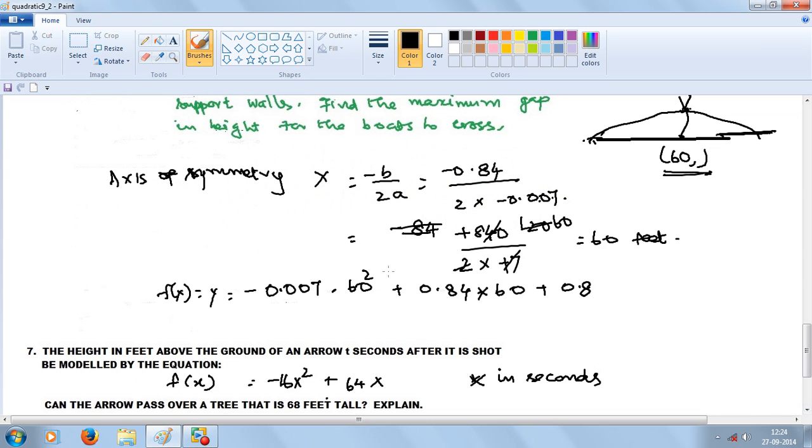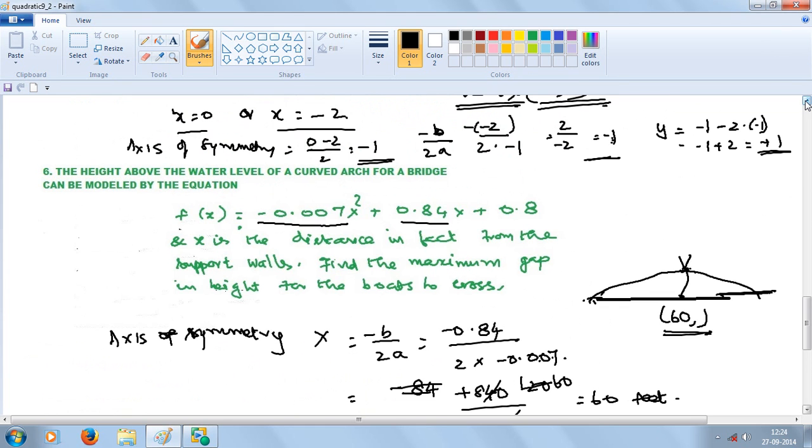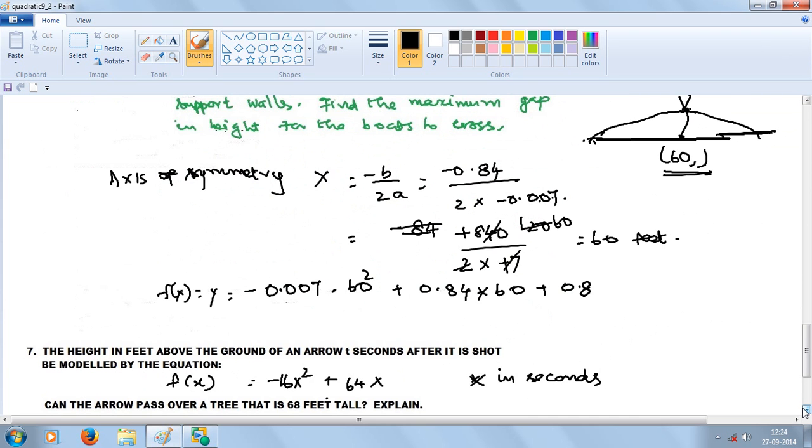So this gives the height of this gap, the maximum gap in height for the boats to cross. That's what it says. So we have to find the value of y.